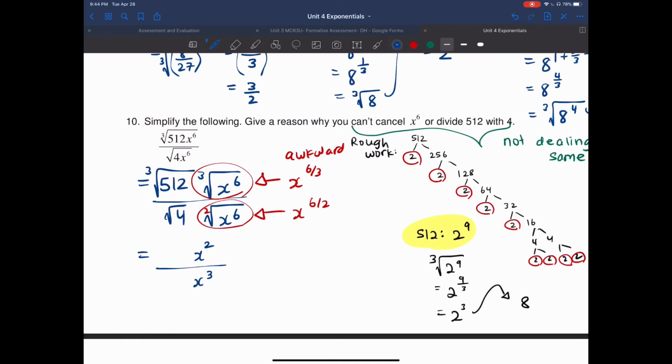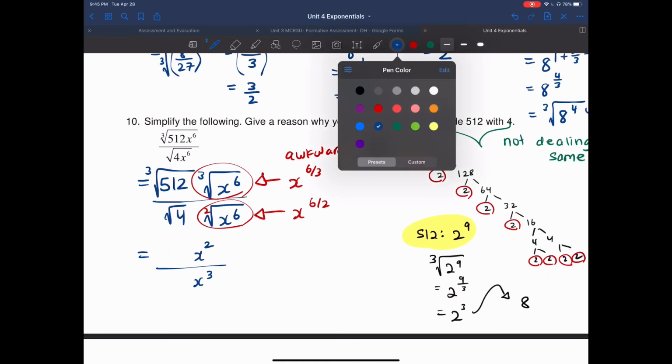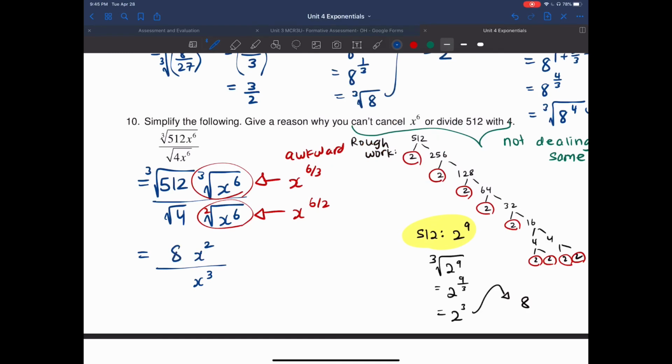And I'm noticing that my 2 to the exponent 9, which is 512, has a cube root in it. It's under the cube root, right? And it's better for me to write this as a fraction exponent, so I'm going to do that. And this eventually reduces to 2 to the 3. And 2 to the 3 is equal to 8. So all of this for me to get 8 over here. But in this case, you're able to use a calculator and just get that. But again, this is like the foolproof way.